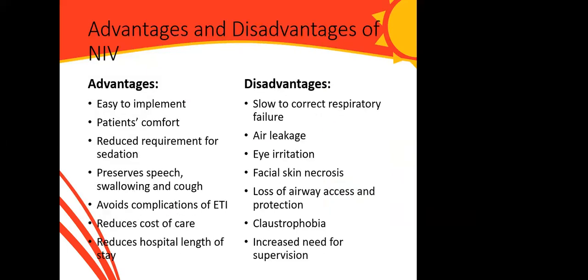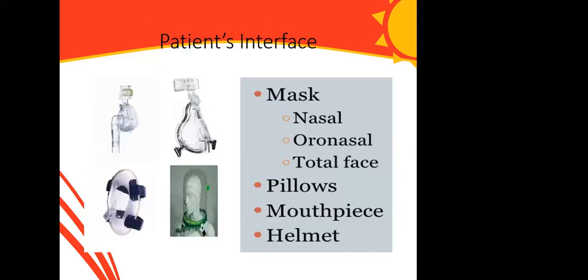Now, the advantages are many, but before we go into the advantages, let's look at the different interfaces by which non-invasive ventilation can be administered. You can do that with a mask, which could be a nasal mask, as you can see on the left side of the screen.